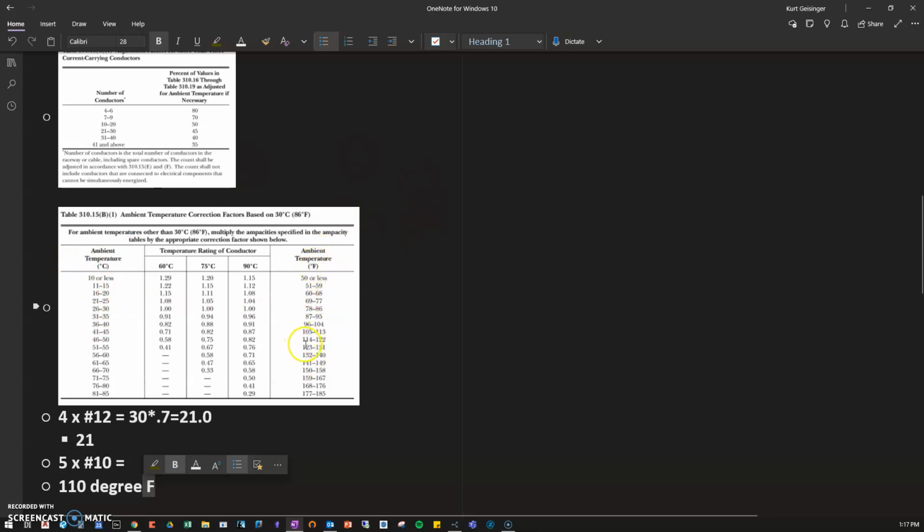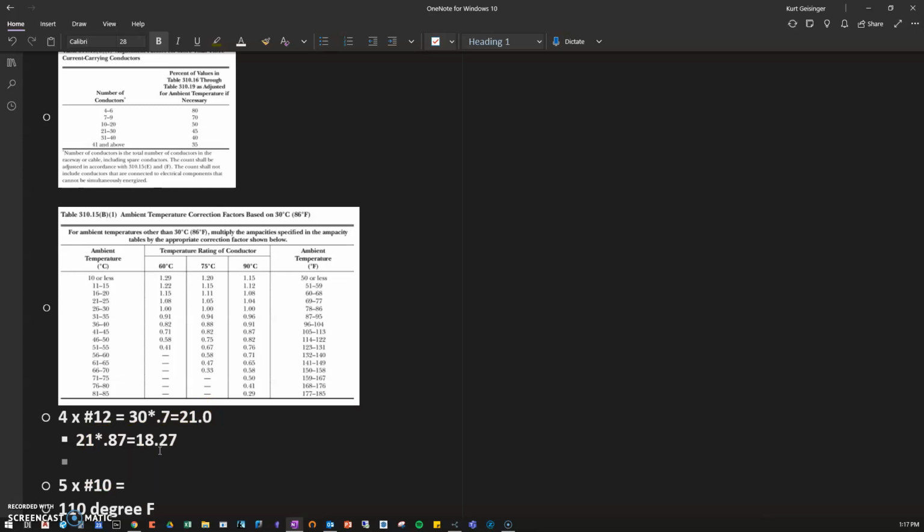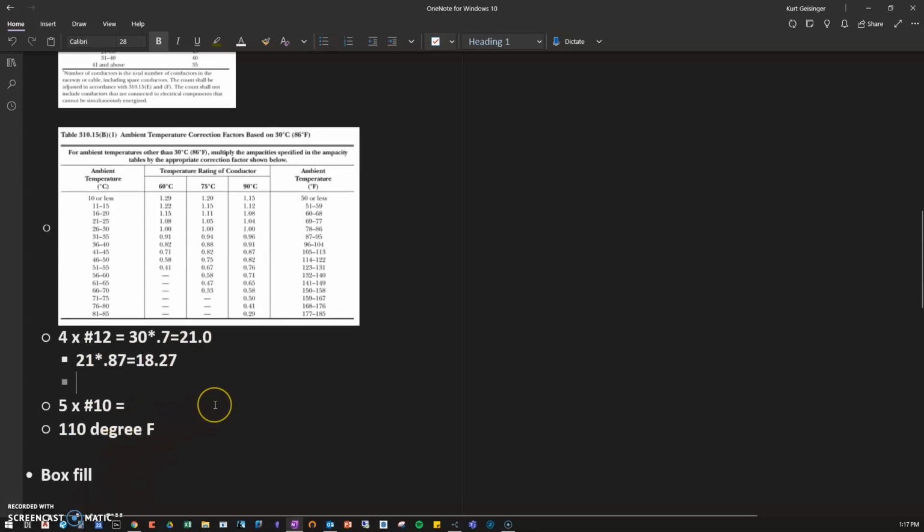So 110 degrees Fahrenheit is right here. It's an 0.87, an 87% multiplier. So I'm going to now multiply that 21 that I just got once again by 87%. So that number 12 is now only good for 18.27 amps, right?